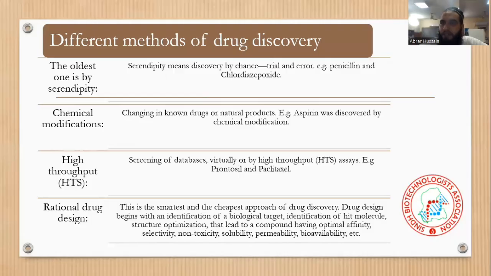Then they perform structure optimization, which leads to a compound having optimal affinity, selectivity, non-toxicity, solubility in water, permeability, bioavailability and other desired properties for drugs. So in this approach, the scientists go from identification of the molecule to the desired properties of the substance to be used as a drug. This whole approach is called rational drug designing.